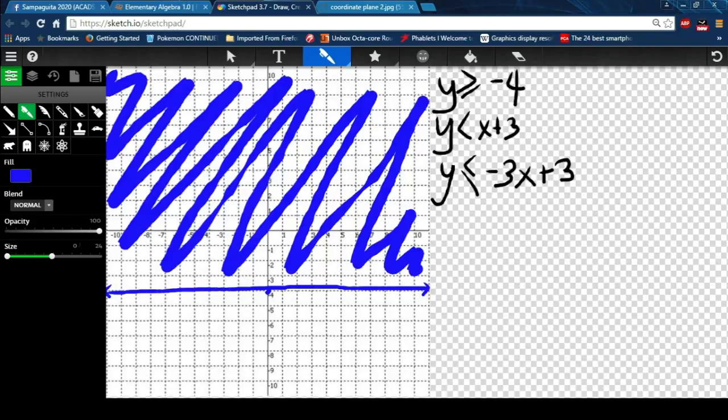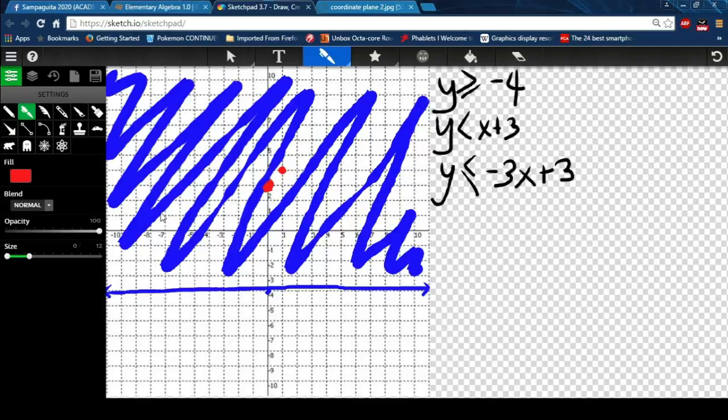Now we will graph the inequality y is less than x plus 3. We will use red this time. So the y-intercept is 3, which is right there. Okay, and the slope is 1. So 1/1, that's where it connects.